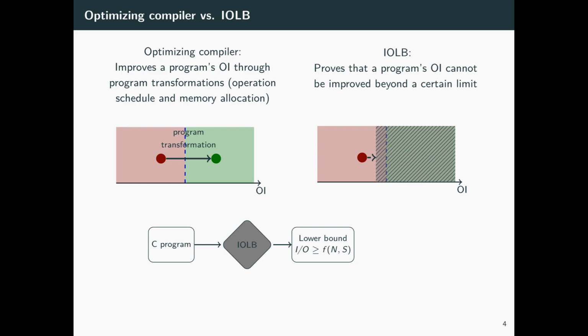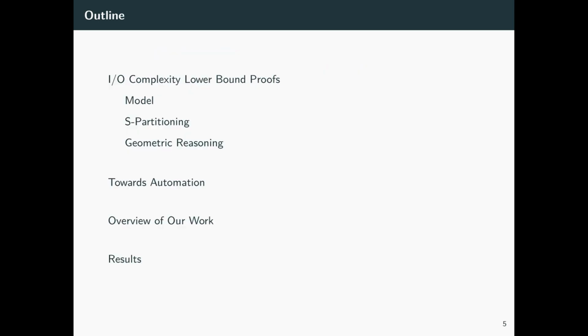So to sum it up, IOLB takes a C program and outputs a formula that is a lower bound on the I/O of the program, and it's a mathematical function of program parameters and cache size. Be careful, because I'll be talking about I/O and OI is the inverse of I/O, so an I/O lower bound translates into an operational intensity upper bound.